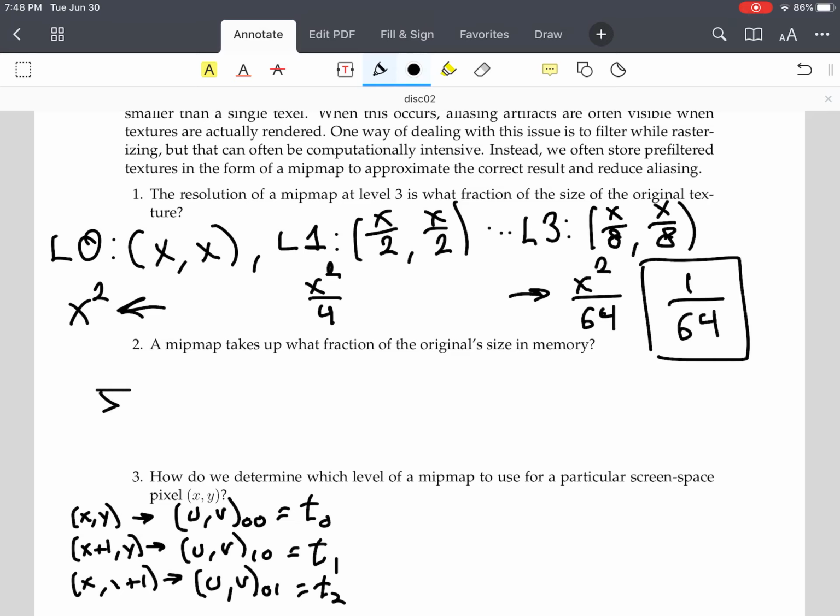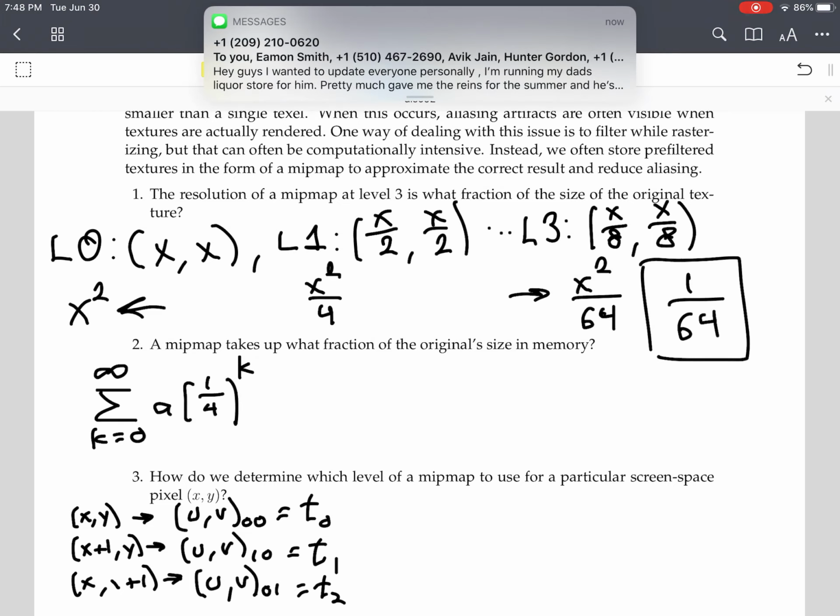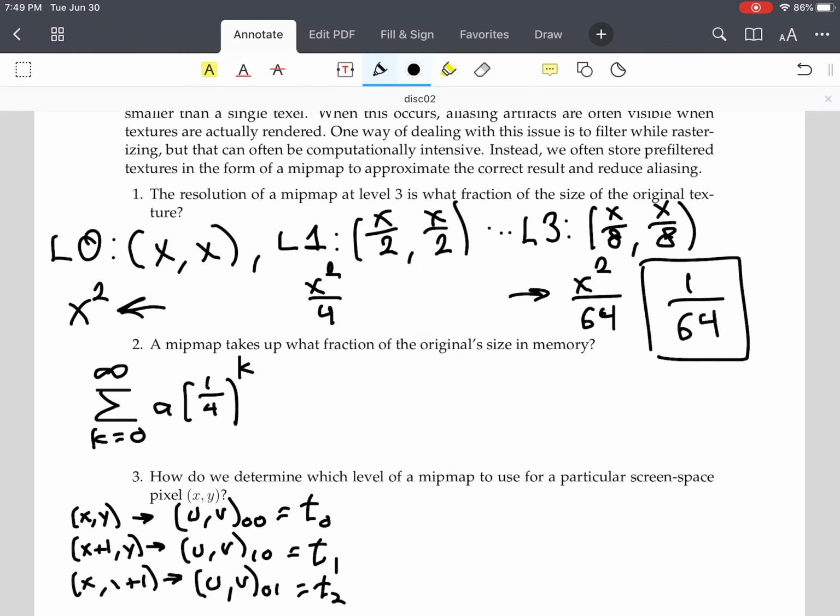We want to find the total space, so we sum up over all of them from the first level, k equals 0, all the way to infinity, assuming we keep infinite maps. I'm going to say that the original size is a, and for every level, it's going to decrease by 1/4. When the level is 0, it's just going to be a. Next one, it's going to be 1/4 the size. Next 1/16, next 1/64, all the way down.